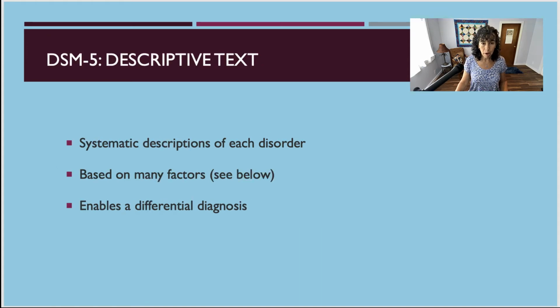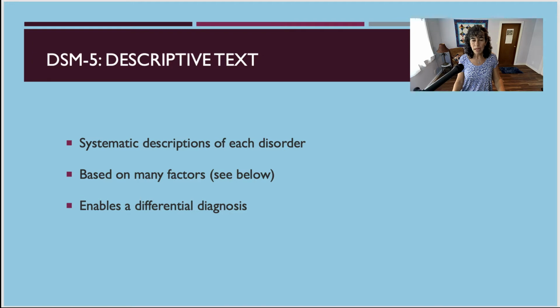The third part is descriptive text. And this is, as it says, a description of each disorder. It's based on many factors. The one below is our example, and it enables a differential diagnosis.